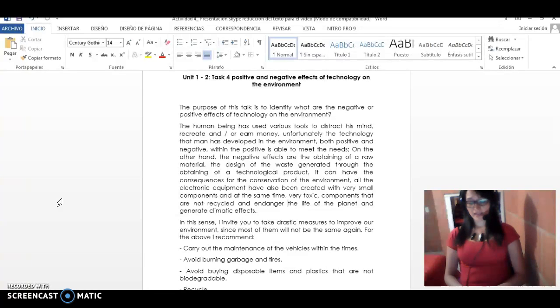All electronic equipment have also been created with very small components and at the same time very toxic components that are not recycled and endanger the life of the planet and generate climate effects.